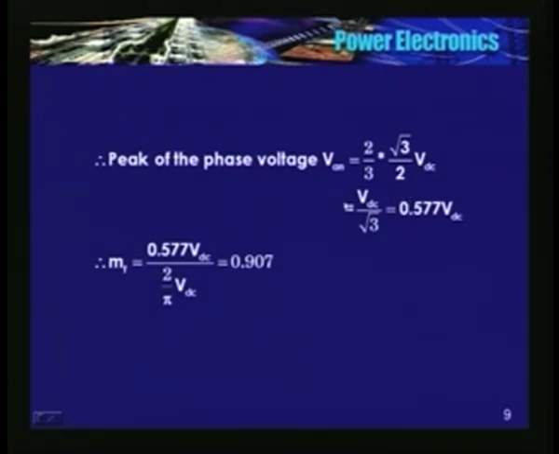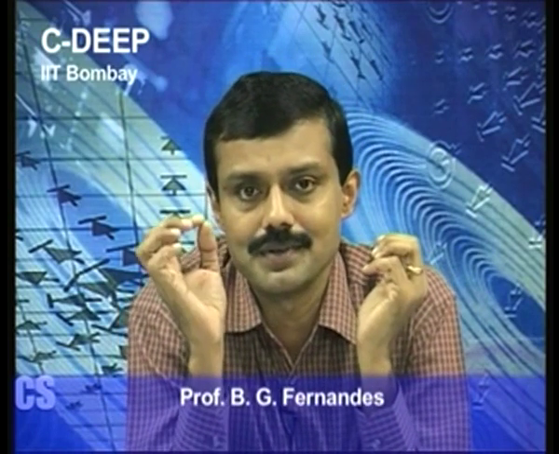So, the peak of the phase voltage VAN that can be obtained using the space vector PWM technique is 0.577 VDC. I will repeat, the peak of the phase voltage VAN, that is also equal to VBN and VCN, is 0.577 times VDC.